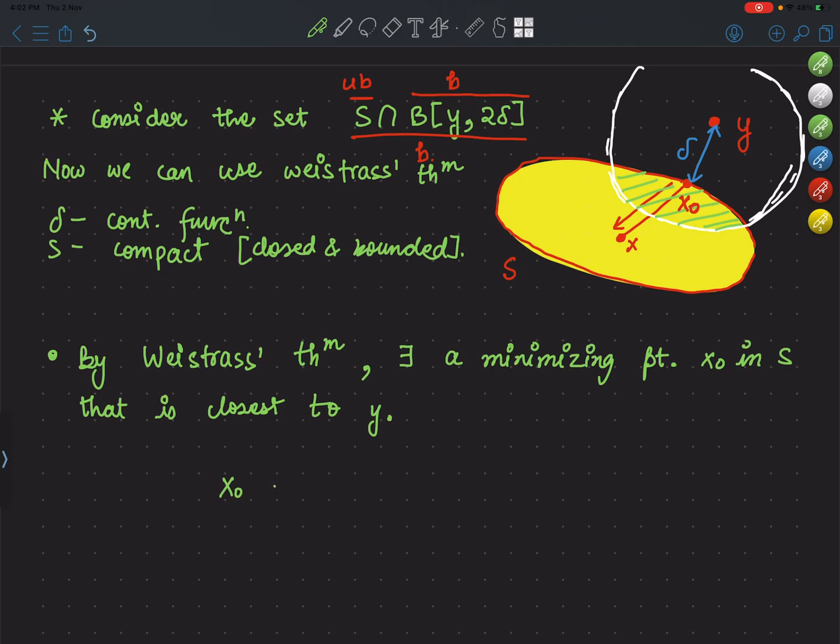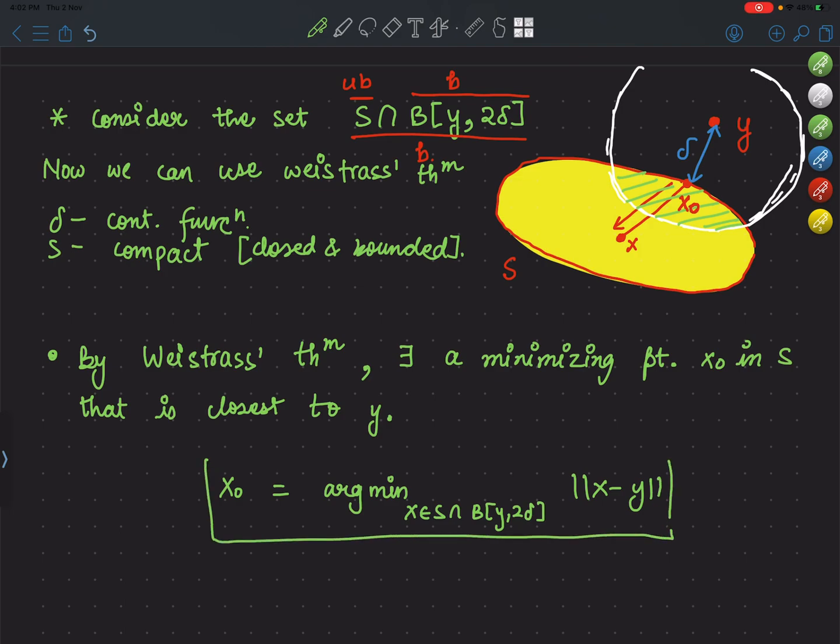That is, x naught equals the arg min over x belonging to S intersection the ball centered at y with radius 2 delta of the norm of x minus y. So we have proved that there exists such a point.